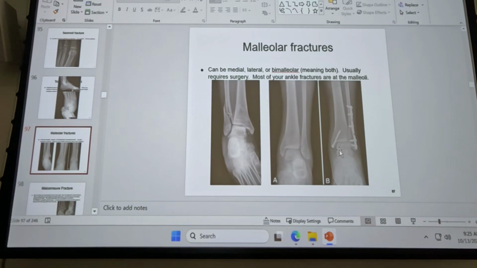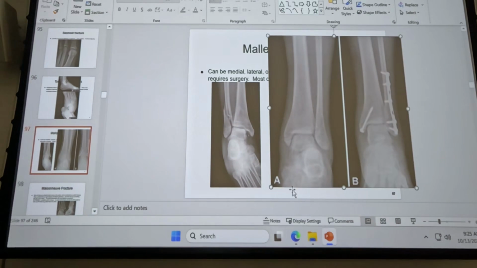So you got malleolar fractures. That will be what we refer to as a bimalleolar fracture. This one, this oblique here, is not a full 45 degrees. If you can follow the contour of the tibia, you see where it tucks in behind the fibula.